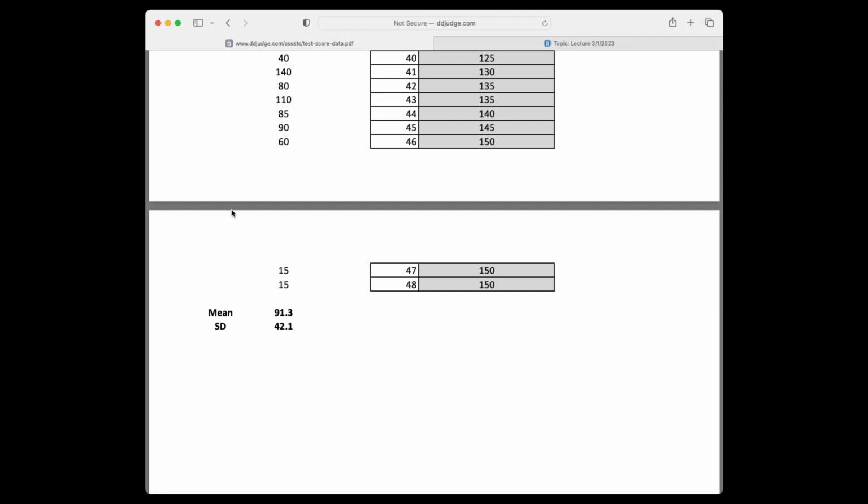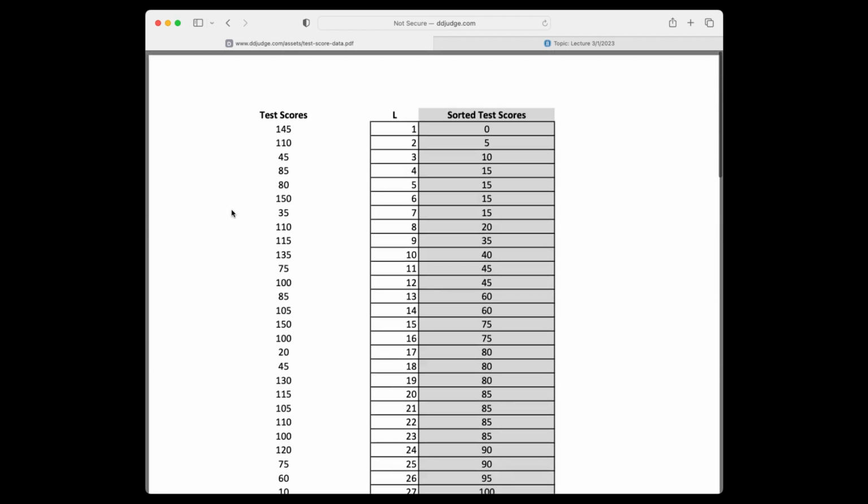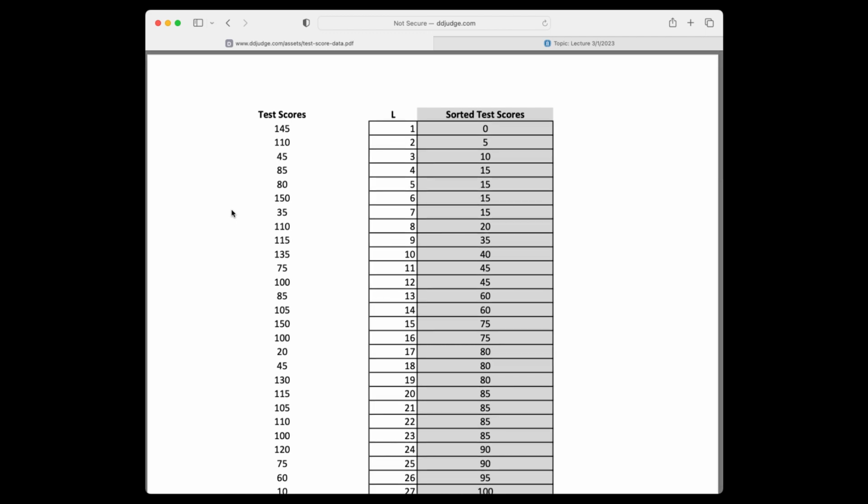So you did the information on the left, and then I'm going to share with you what's on the right now. Do you see an L there? Anybody see an L up there? That's going to have some meaning for us. Let me scroll in.